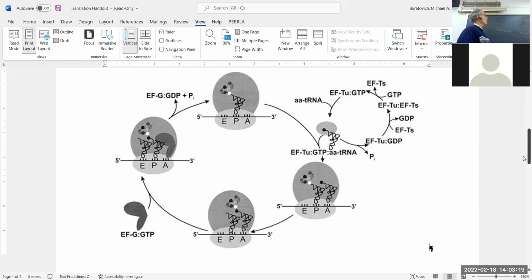Who can give me an example of an aminoglycoside? They end with... clindamycin. Sorry?